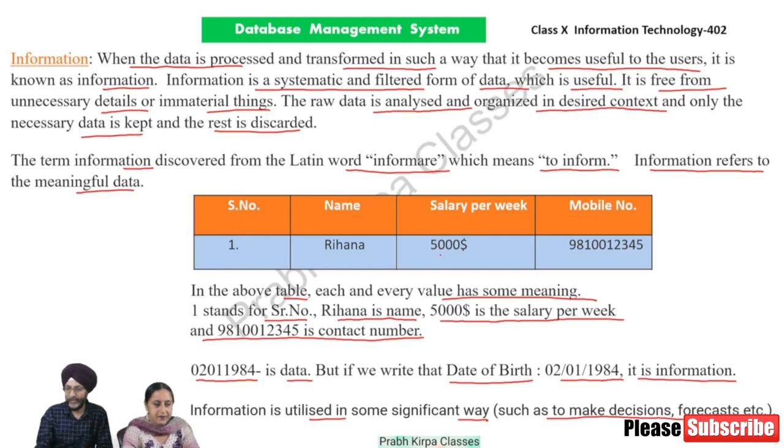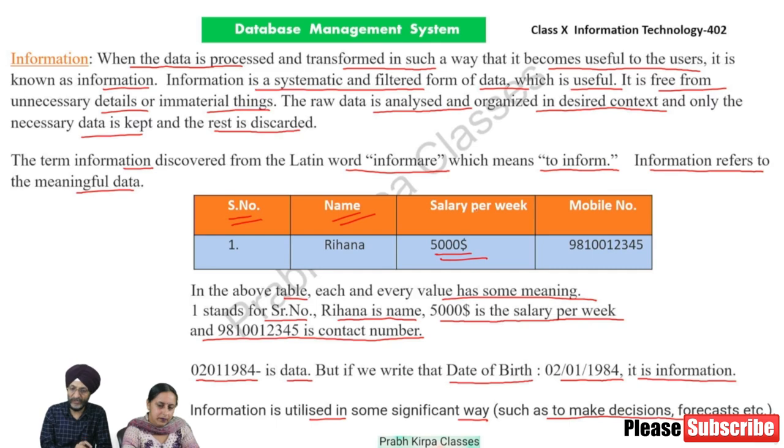We were unable to understand what the $5,000 means. But here, when we have assigned specific meanings, that is, one stands for serial number, Rihanna stands for name, and 5,000 dollars stands for salary per week, this raw data has now been converted into information, and only on the basis of the information we can take any decision.